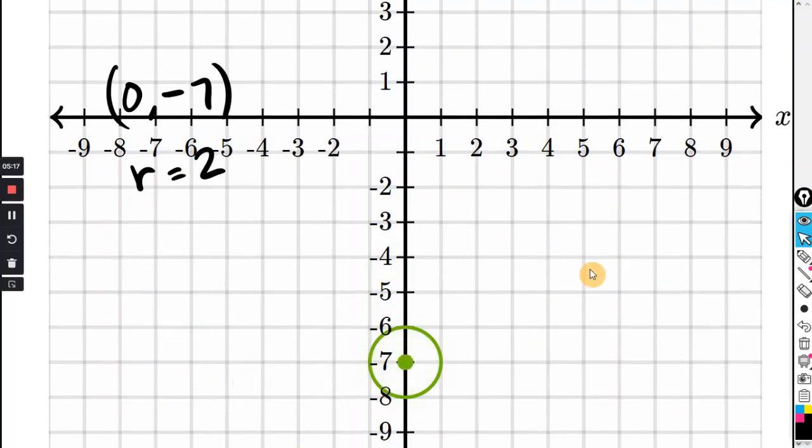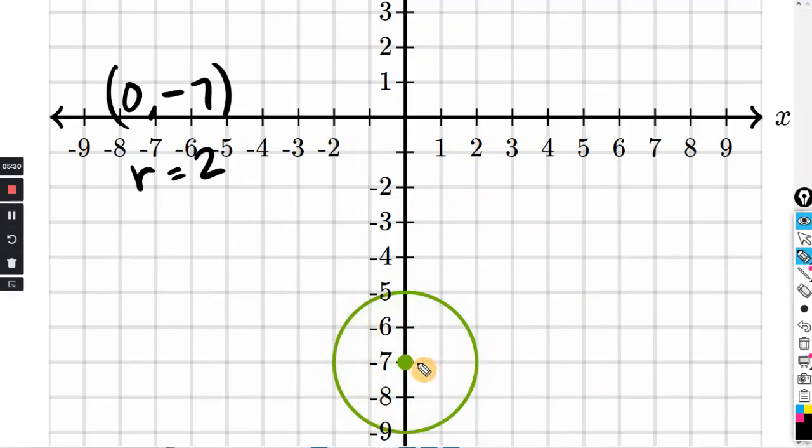As you can see right now, the radius is only 1 unit, but we want a radius of 2. So left click, hold it down, and drag it. And now the radius is 2 units. No matter which direction you travel, it's 2 units. So that's it.